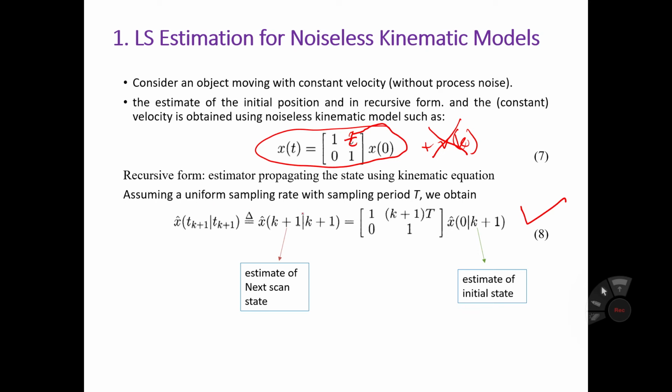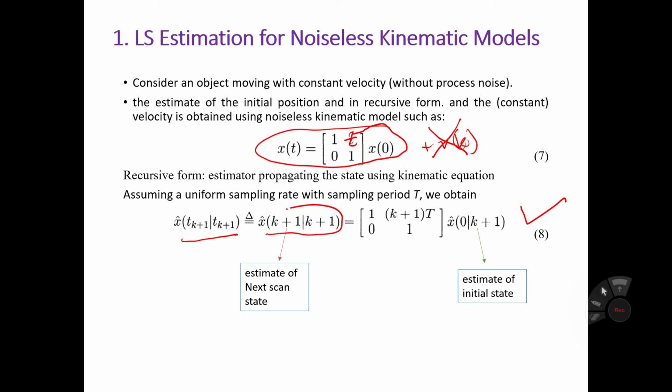Assuming a uniform sampling rate with sampling period T, we obtain this. This is the estimated value at time k plus 1, conditioned on time k plus 1. So this is the same as this one.